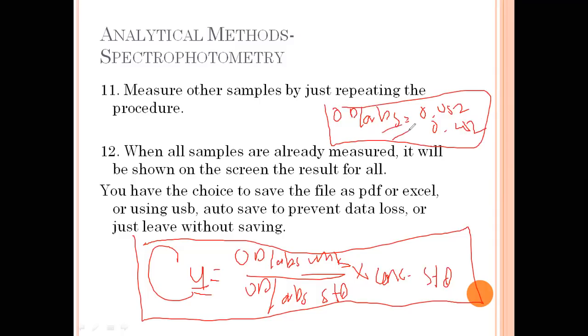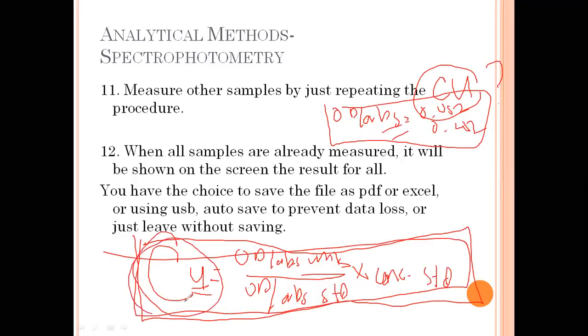And this is not yet the result. This is not yet the concentration of the unknown that we always ask about when we are measuring a certain analyte. So you need to use this formula to come up with the concentration of the unknown for reporting. Okay, for reporting. For now, just remember the formula.